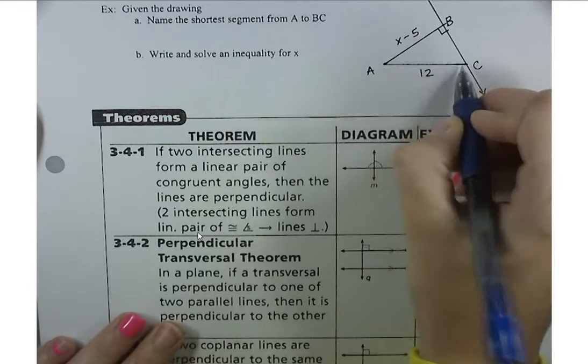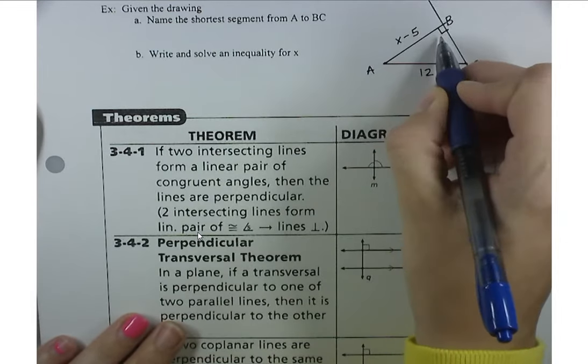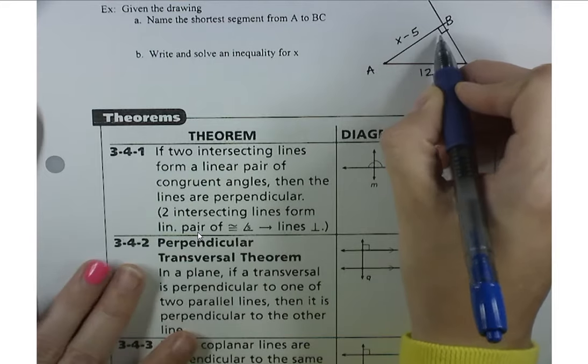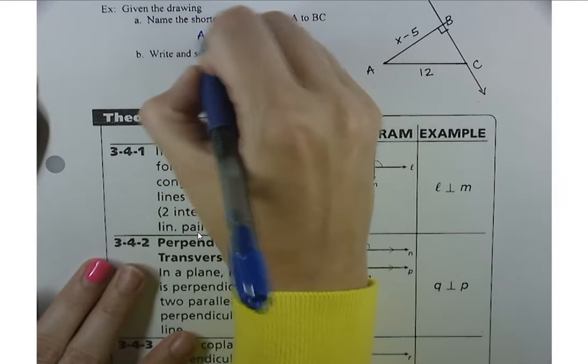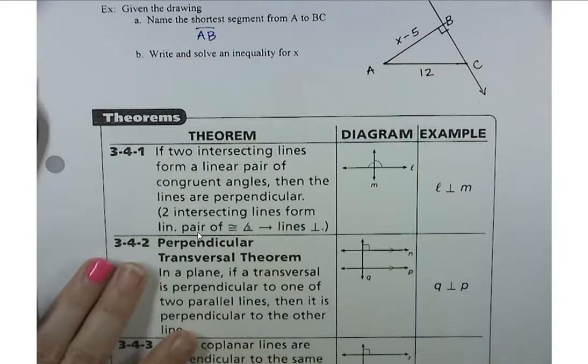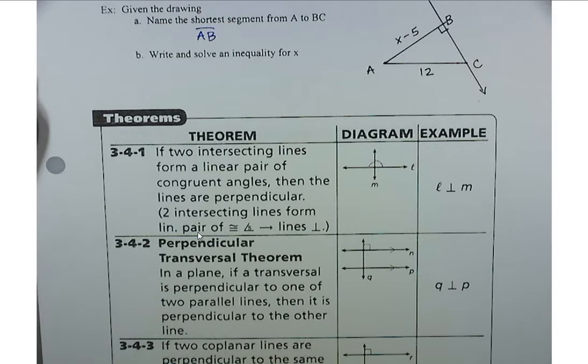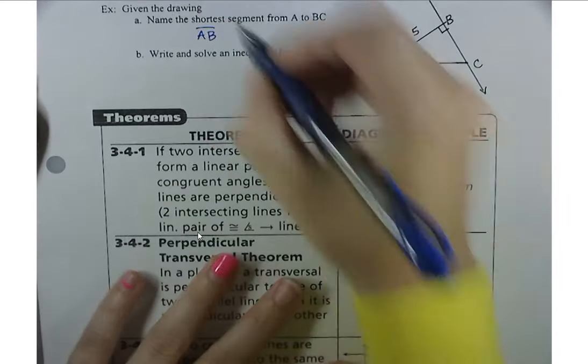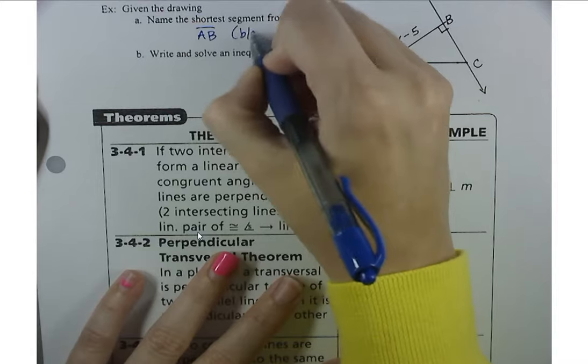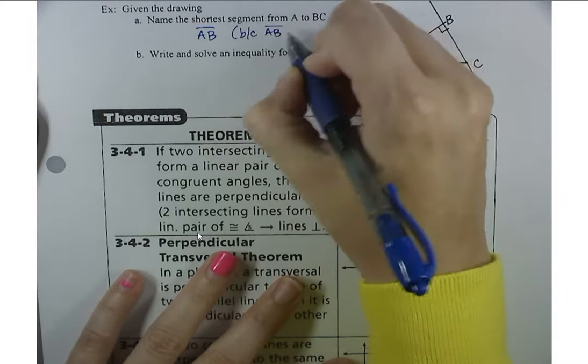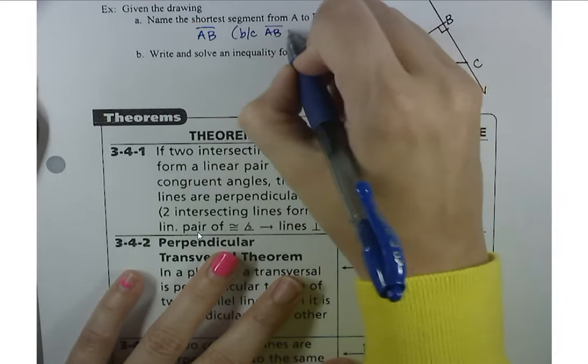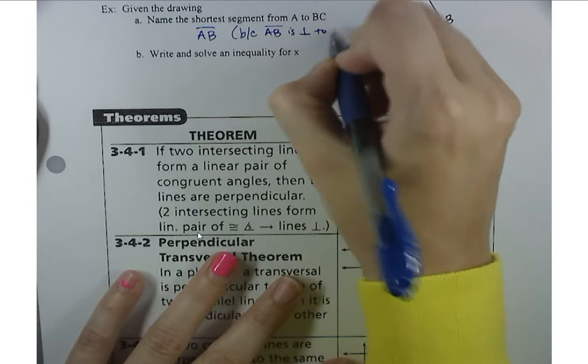It was either AC or AB. The shortest segment is always going to be perpendicular, so we know that it's going to be AB. Okay, and then we'll just say because AB is perpendicular to BC.